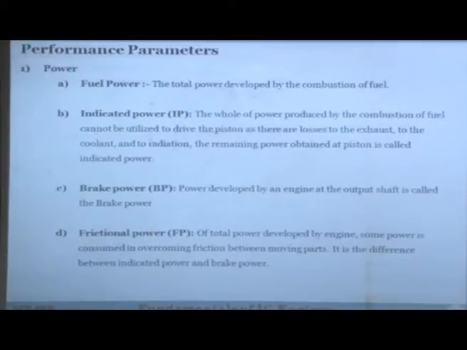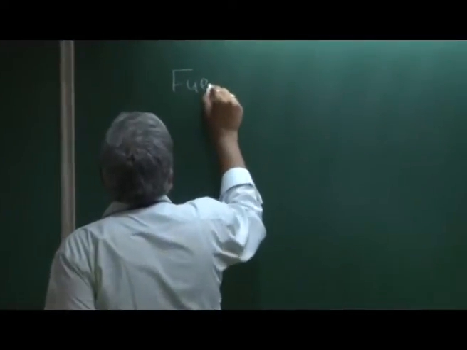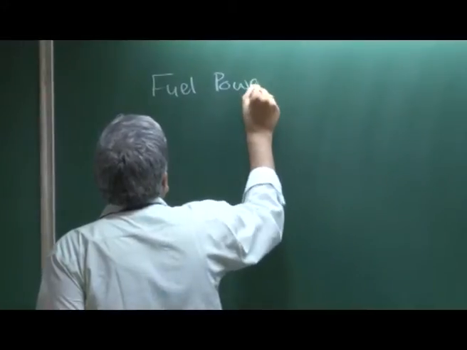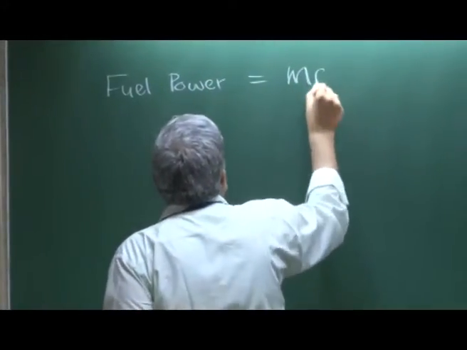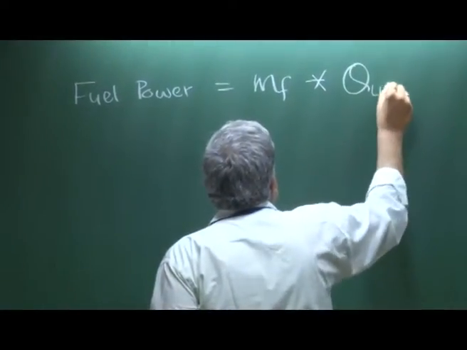Now, power is of several types. One is the fuel power. What is fuel power? Fuel power is nothing but the amount of fuel that you are putting in, how much energy it can generate, how much power it can generate. So the total power generated by the combustion of fuel is the fuel power. In other words, if I have to define the fuel power, it is defined as MF into QLHV.